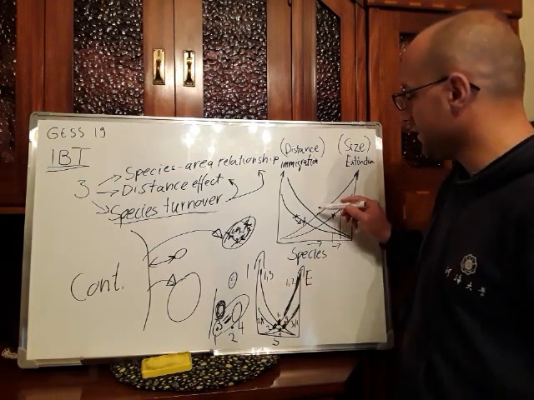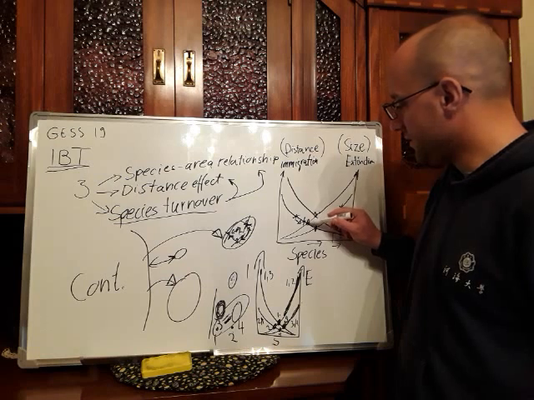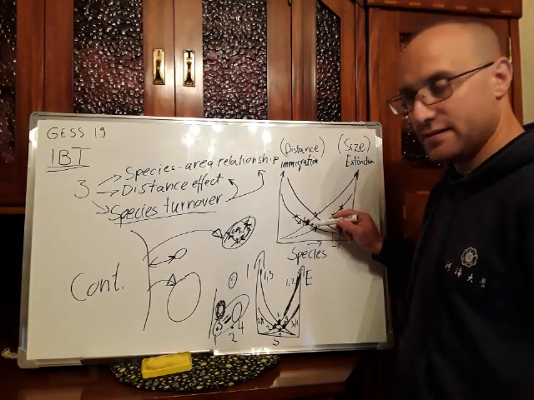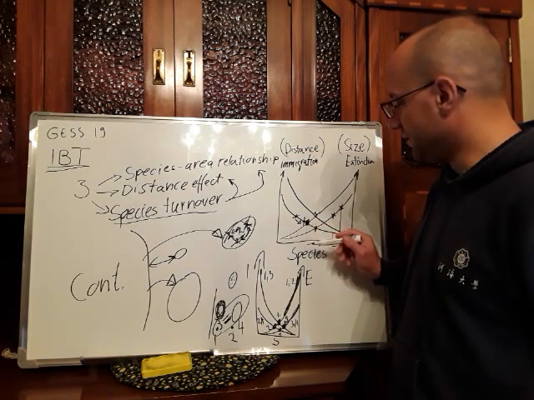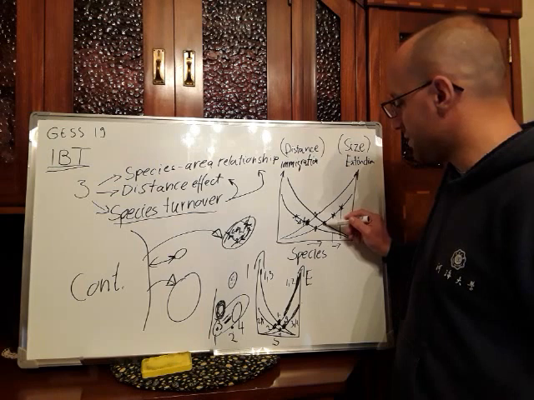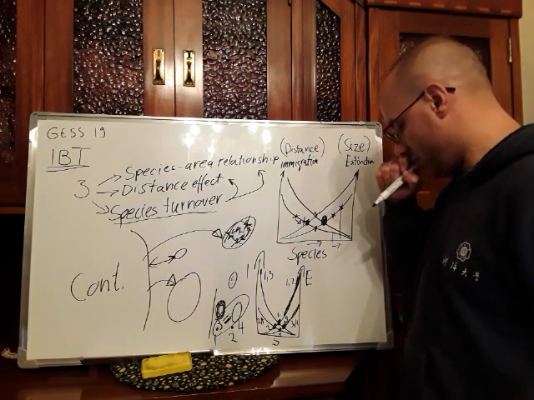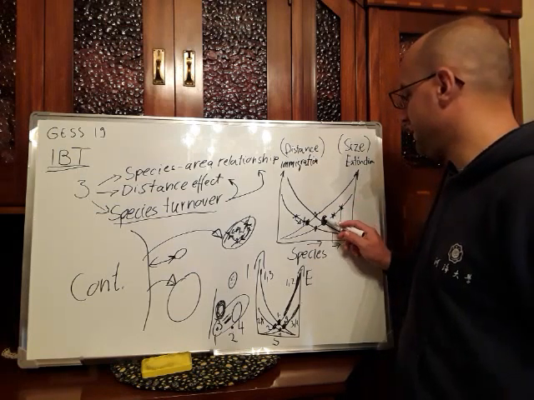Very small drawing, we could put it here as well. These are similar. This is then the distant and kind of small island, and this is the large and close island, which will have the highest number of species.